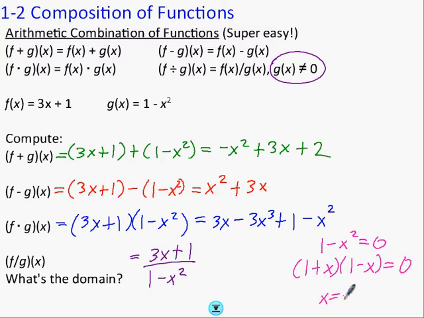And so if x is equal to negative 1 or positive 1, then g of x is equal to 0. That's a problem. I cannot have this denominator equal 0. So this is f of x over g of x, but I need to state that x cannot equal positive 1 or negative 1.